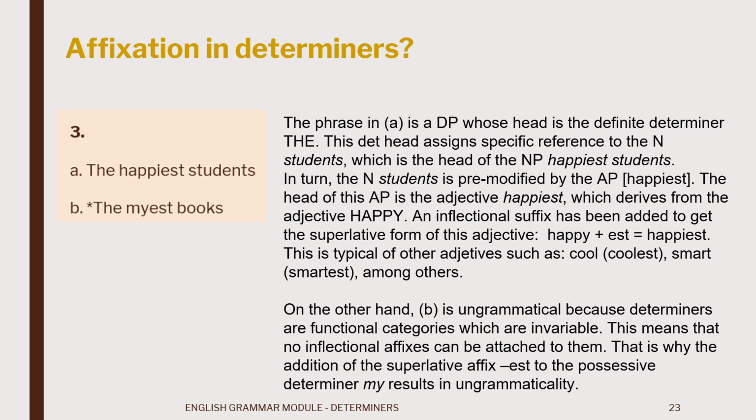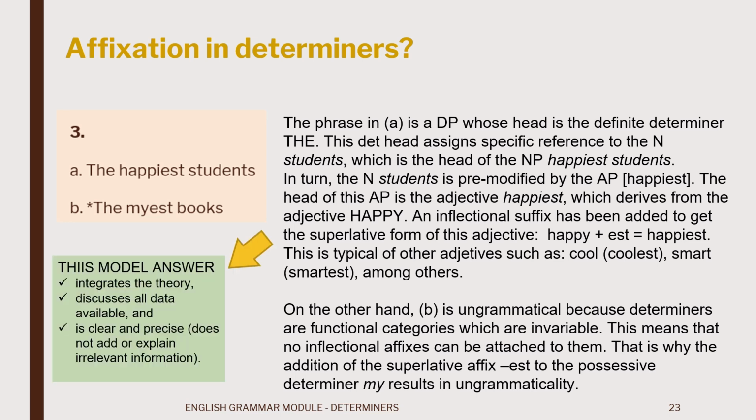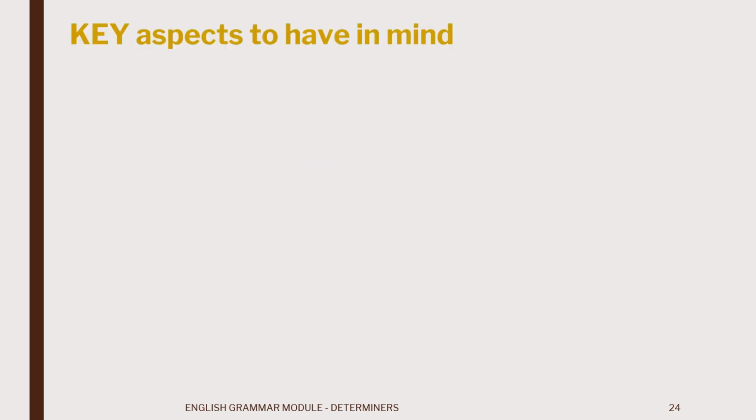So, it is important to bear in mind that this model answer that we have given you integrates the theory because it discusses all data available and is clear and precise and does not add or explain irrelevant information. To summarize, let's take some key aspects to have in mind.